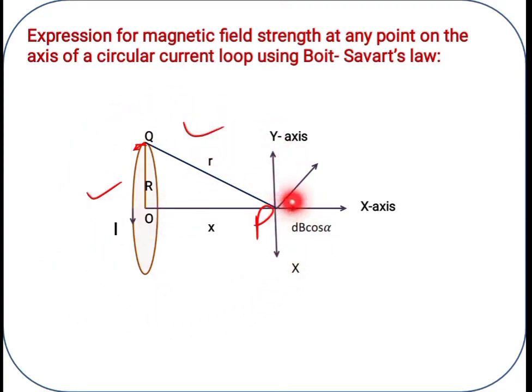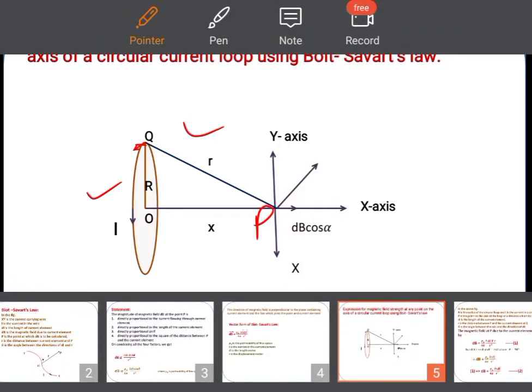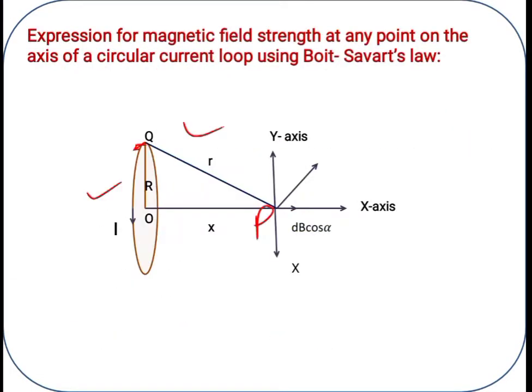The magnetic field is denoted by dB. Now, with respect to this line, we know that one vector along the diagonal can be split into two vectors. If we consider two vectors, we can draw the resultant vector along the bisector or diagonal, or using the diagonal we can construct two more vectors.